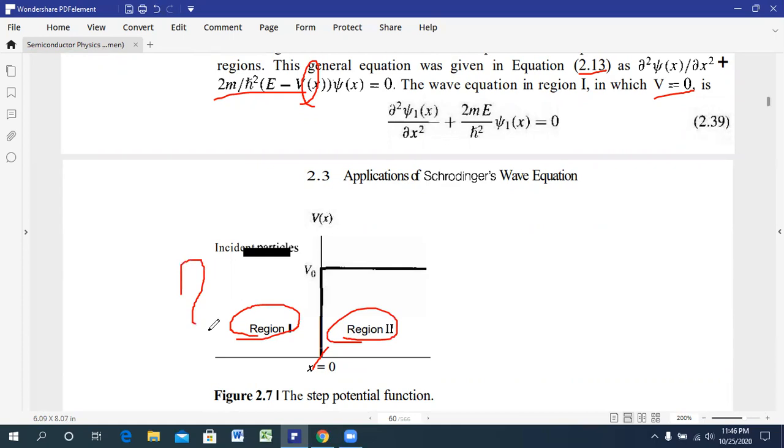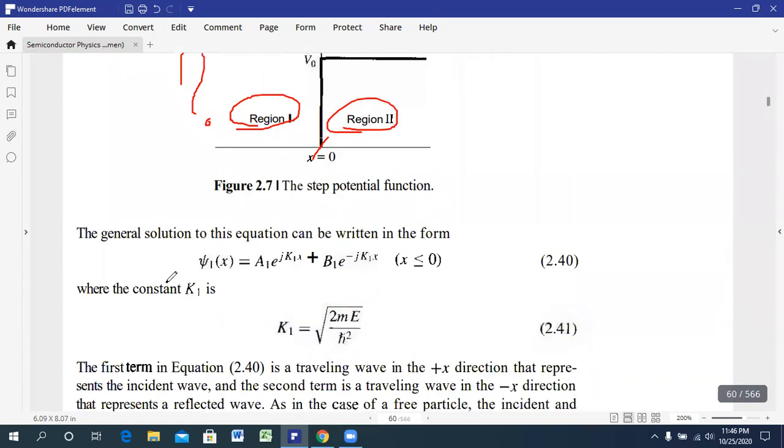We are calculating first for this region. So the solution will be something like a1 e to the power j k1 x and b1 e to the power minus j k1 x, where k1 is a constant and it should be equal to this. So we have solved this for the first region.